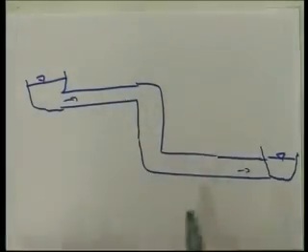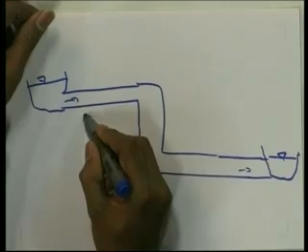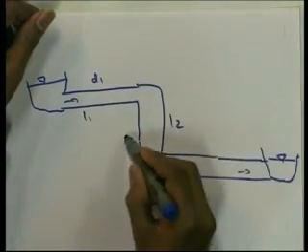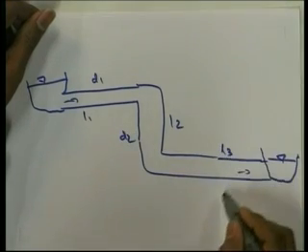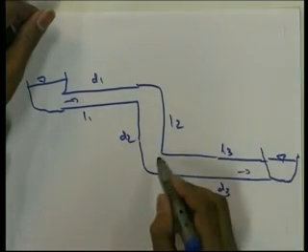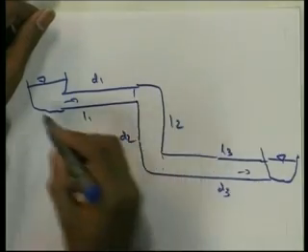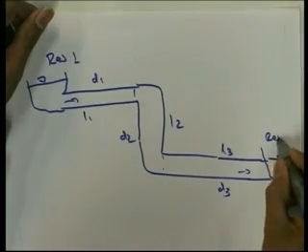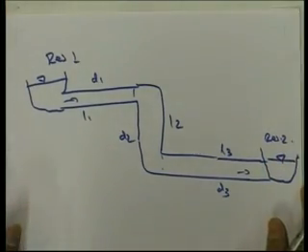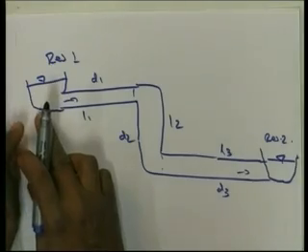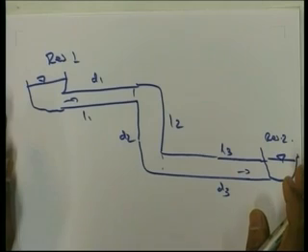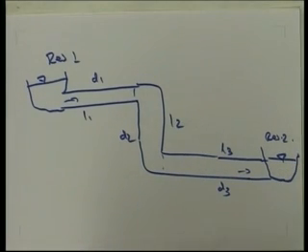If this is the L1 pipe with the diameter D1, and here L2, D2, and this is L3, D3, depending upon the problem, this is reservoir 1 and here reservoir 2. When we discuss the flow taking place from this tank to another tank, for pipe flow considering this, we have to see the losses.